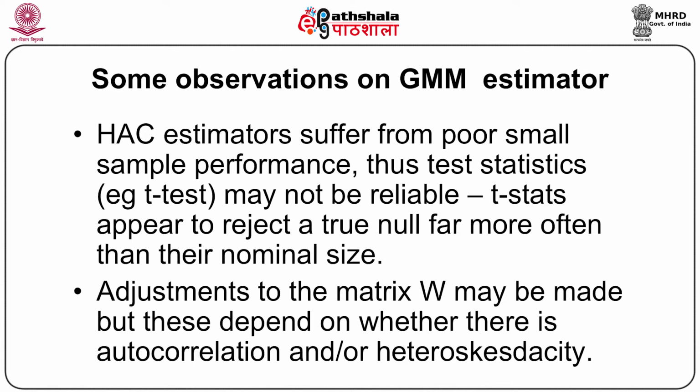These statistics appear to reject a true null far more often than their nominal size. Now, adjustment to the matrix W may be made, but this depends on whether there is autocorrelation and or heteroscedasticity. That is, the choice of the W matrix basically depends on whether you have the case of autocorrelation and or heteroscedasticity.